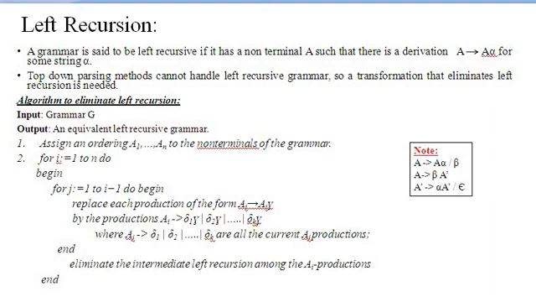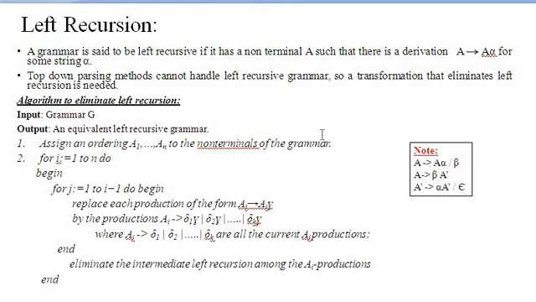For i equal to 1 to n, then for j equal to 1 to i minus 1, replace each production of the form Ai to Aj gamma by the productions Ai to delta 1 gamma or delta 2 gamma or delta k gamma, where Aj gives delta 1, delta 2 up to delta k are all the current Aj productions. Then eliminate the immediate left recursion among the Ai productions.